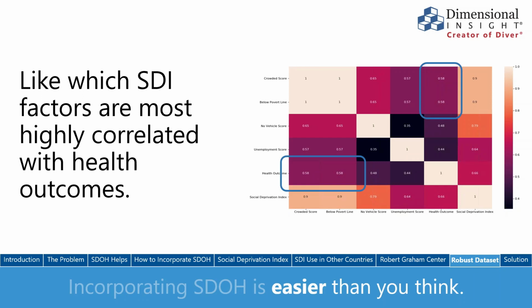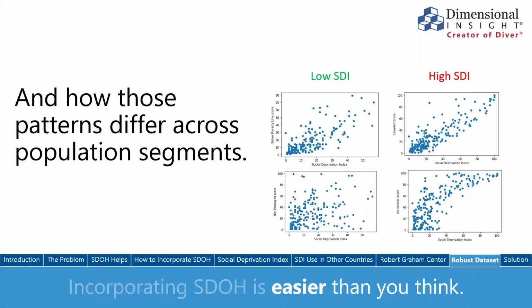Some examples are which of the social deprivation factors are most highly correlated with various health outcomes. We use the example of diabetes, but there are lots of other ways to measure health outcomes. And you saw some of the variety of social determinants, not just the social deprivation index, but the factors that make that up.